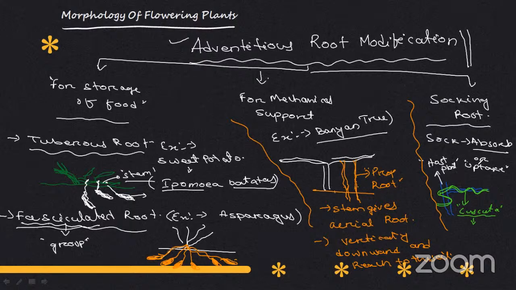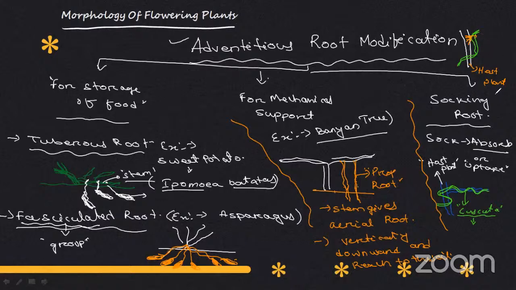The Cuscuta absorbs the nutrition from the host plant. Suppose this is the Cuscuta plant. It is growing just over this plant. It will form some roots, and those roots enter inside the host plant. This is the host plant, and the Cuscuta develops some roots here. Those roots enter inside the host plant, and from the host plant it takes up the nutrition.